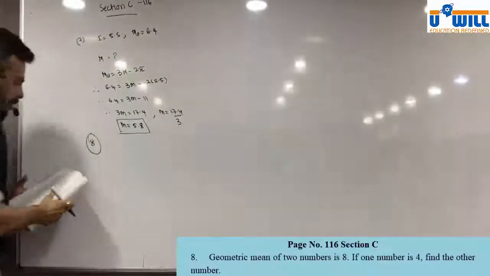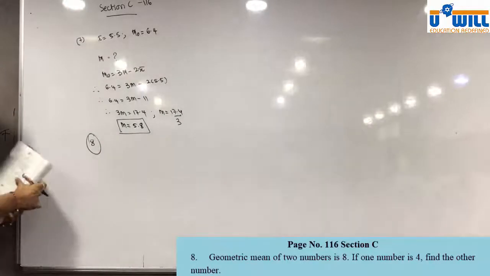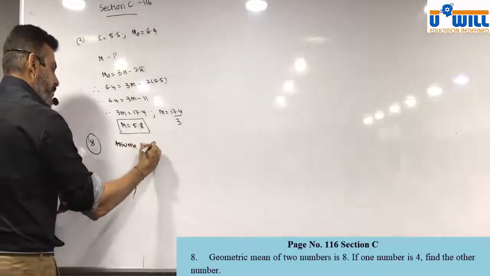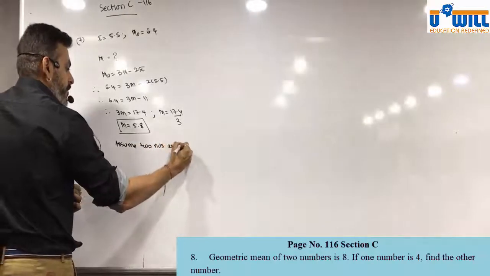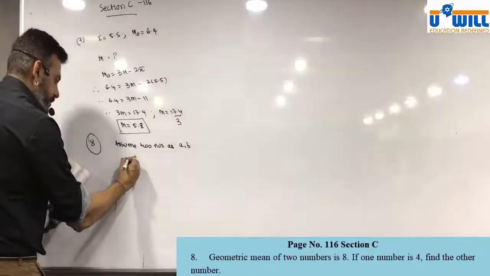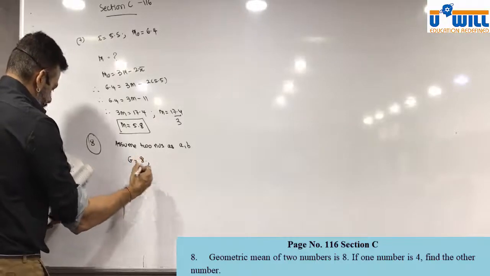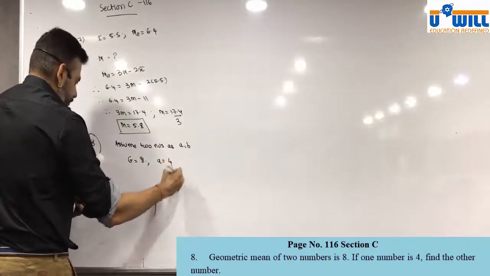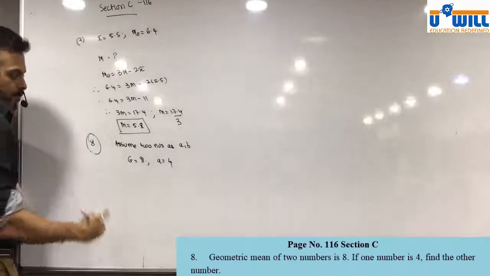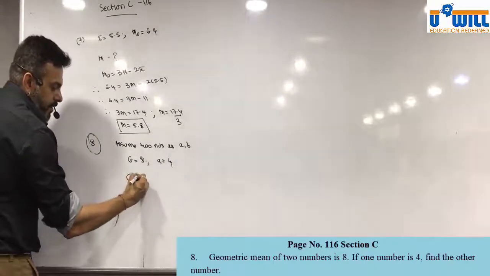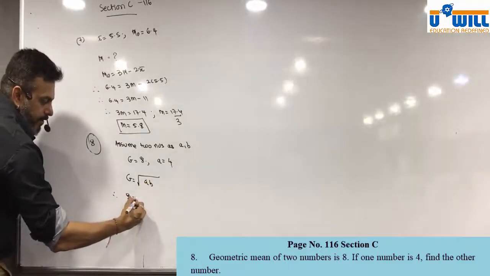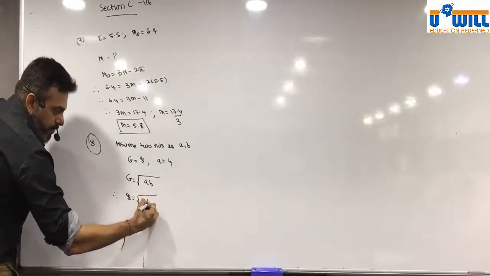Geometric mean of two numbers is 8. So let's say, assume two numbers as A and B. Geometric mean G is equal to 8. One number A is equal to 4. Find the other number. Now the formula of geometric mean is under root A into B. Therefore, 8 is equal to under root 4B.